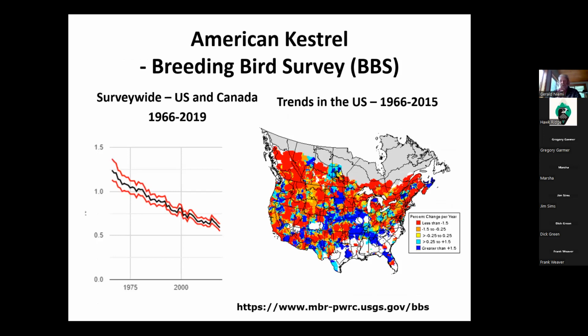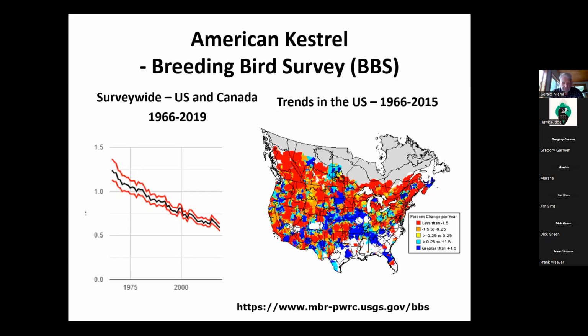So I showed one extra picture of the American kestrel, the breeding bird survey data on the left, clearly showing for the US and Canada from 1966 to 2019, massive declines, with very tight confidence intervals on that trend as well. And I put the map up because the Patuxent Laboratory in Laurel, Maryland has done an excellent job of analyzing the data.